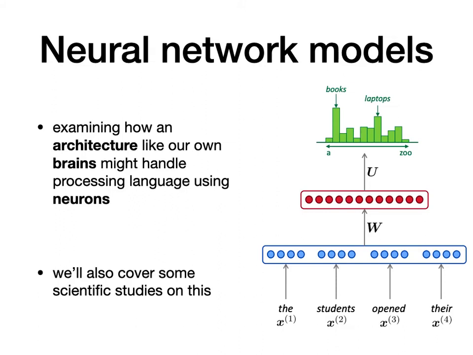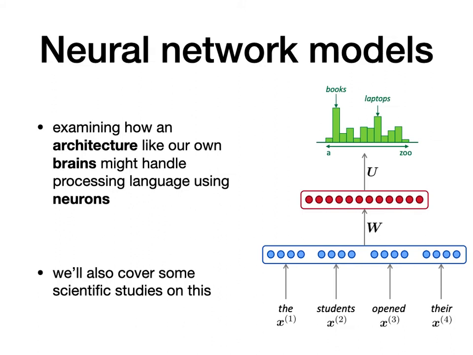Now, this isn't to say that we're going to cover literally exactly how brains do all language, but it's more about if you're bound by having neurons as the basic unit, the simulated neurons, how can you apply that to things like language? So taking an input string and being able to predict what the next word is using a neural network model instead of a more symbolic model like we've talked about in the past couple slides.